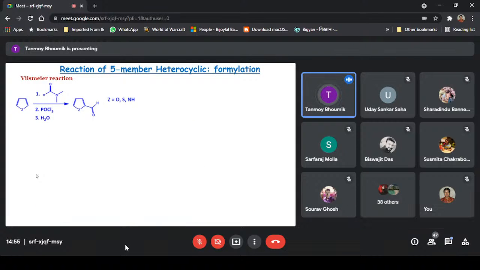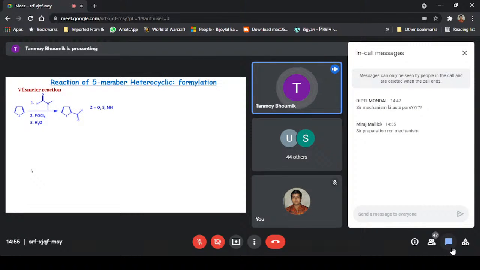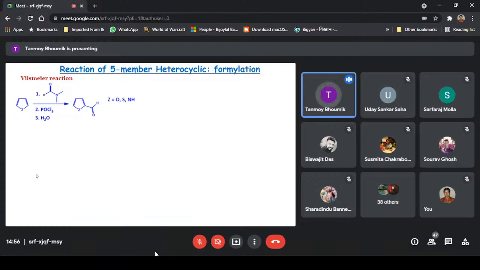And now I'm going to do some reactions under aromatic electrophilic substitution. There are some chain reactions. First of all, the Vilsmeier-Haack reaction. We have also this substituted furan. For the Vilsmeier reaction on the furan, there is PCl3 and H2O under DMF.